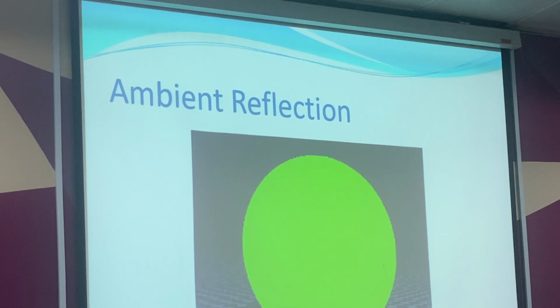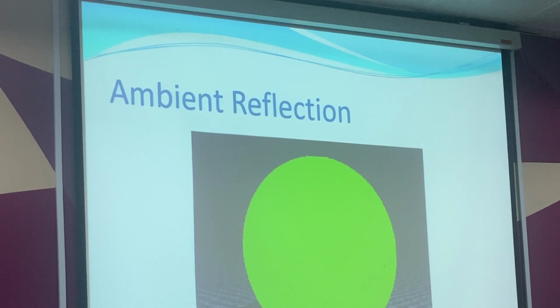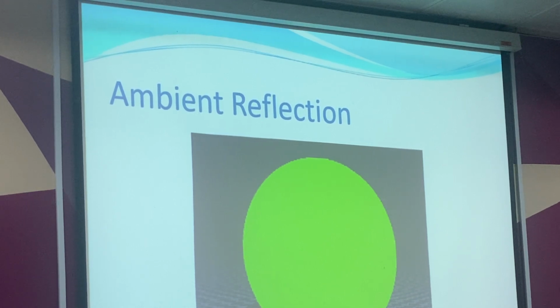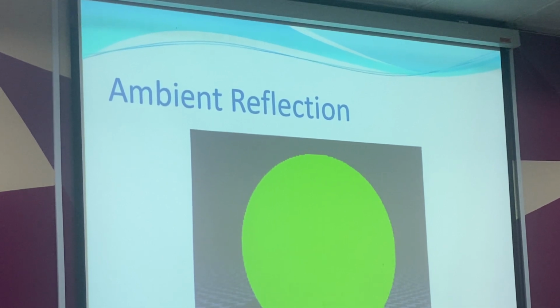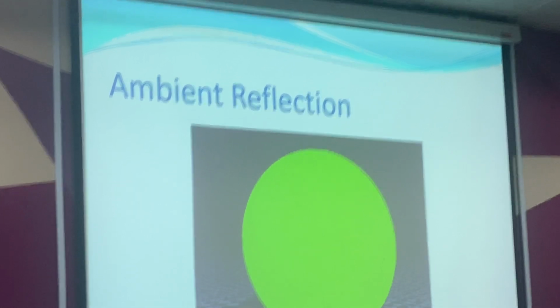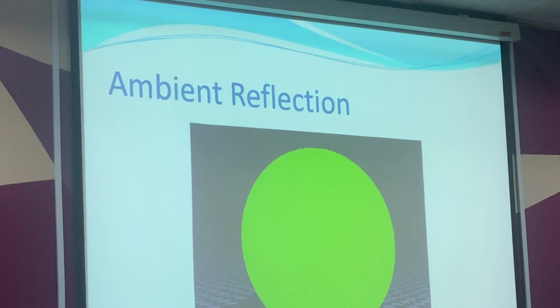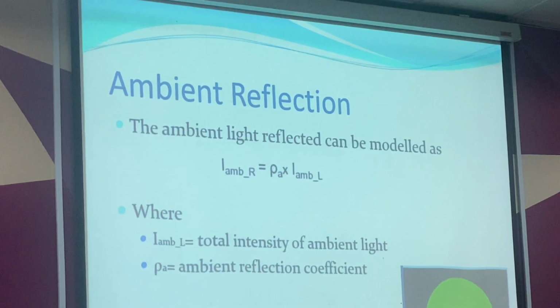If the object doesn't have colors, whatever light source color you cast on the object, the object will look that color. Because it reflects evenly, the whole thing looks one color. This is ambient light.